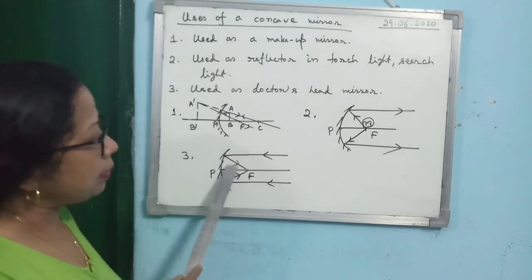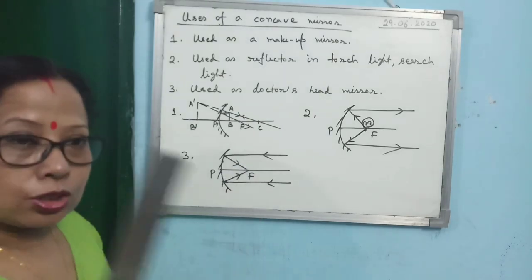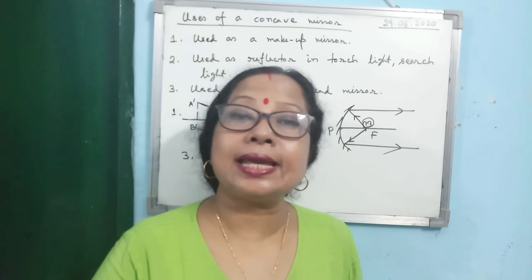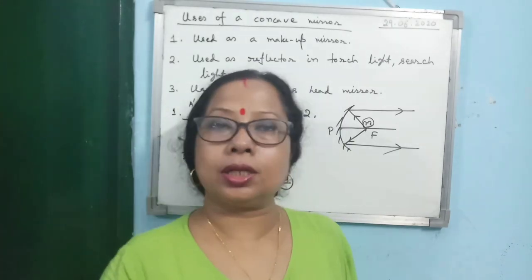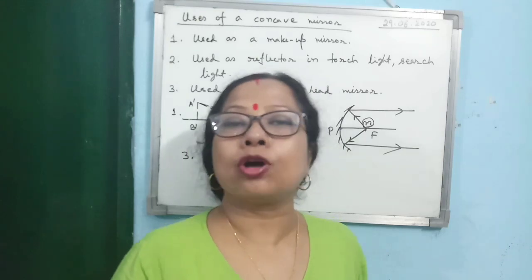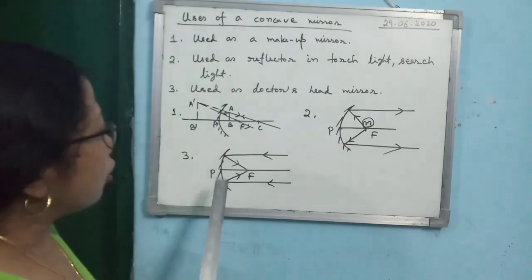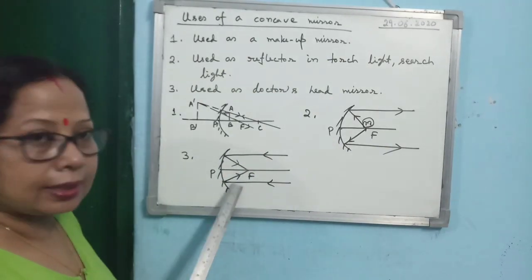Then the concave mirror produces a converging beam of rays. The rays converge and enter the inner side of the nose, ear or throat, and help the doctor to see the inside of these organs. So the concave mirror is used as the doctor's head mirror, and it is used like this.